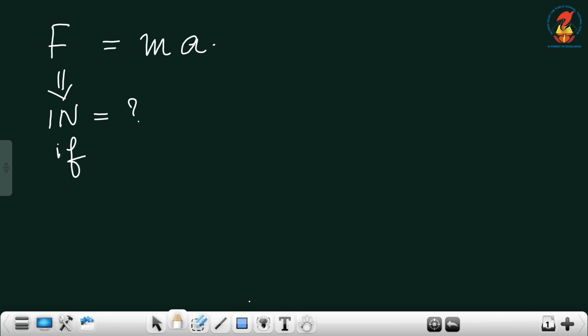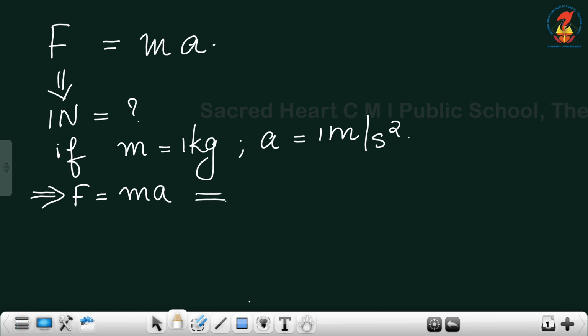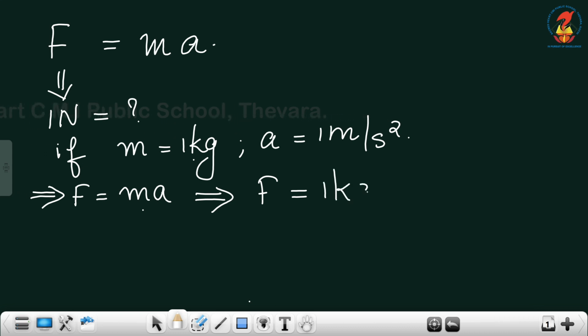Now if mass is 1 kilogram and acceleration is 1 meter per second square, then F is equal to ma can be written as F is equal to, instead of mass m we can substitute 1 kilogram, into a is 1 meter per second square.